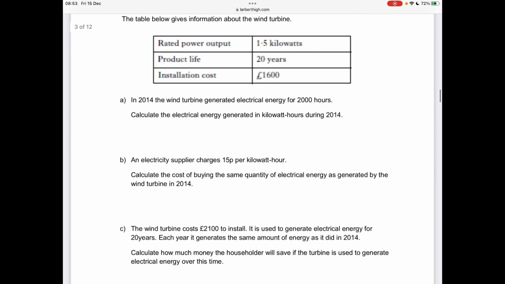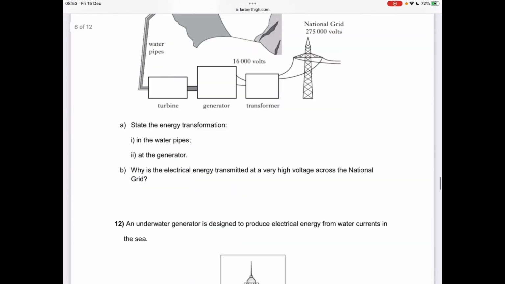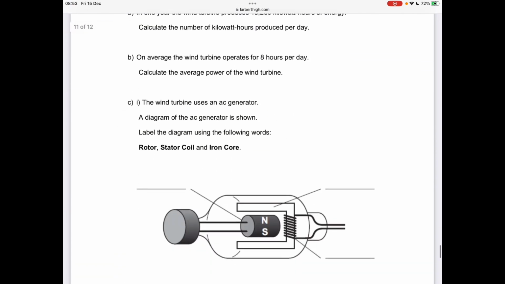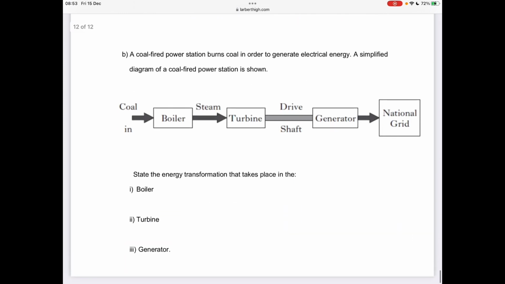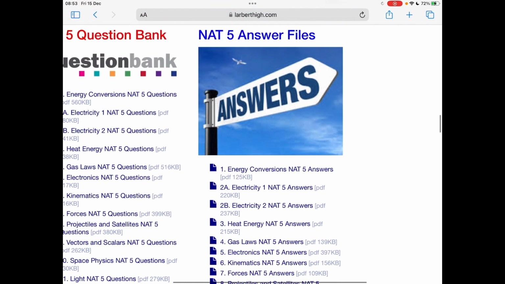Now, there's a lot more questions here, and you see the parts A, B, etc. However, as they get on, they will become more and more challenging. So if you feel you need a little bit more of a challenge, you can jump to the later parts of the question bank. If you feel you want a nice easy start, you can start from the top and work all the way through.